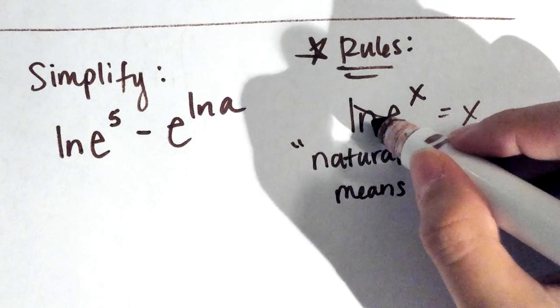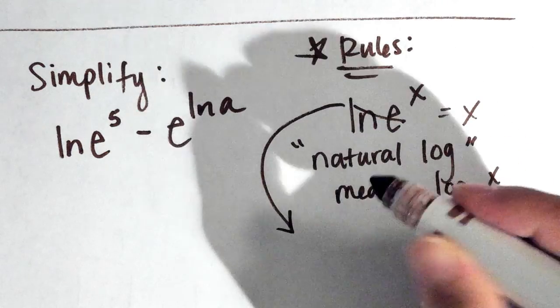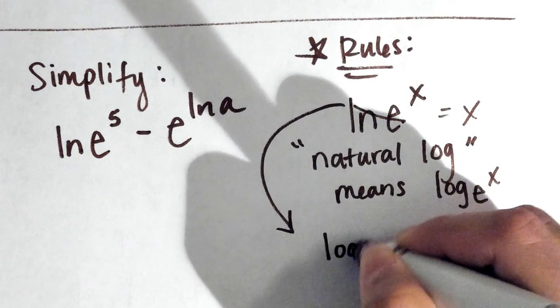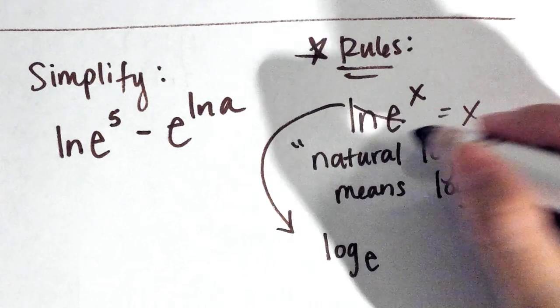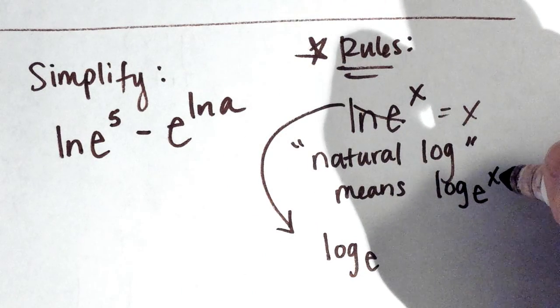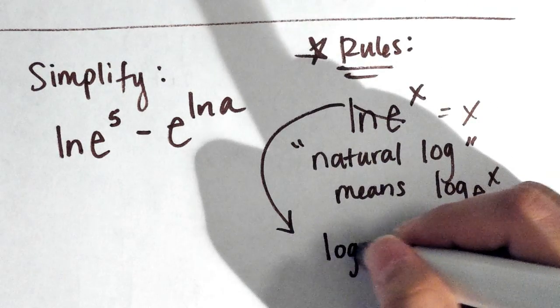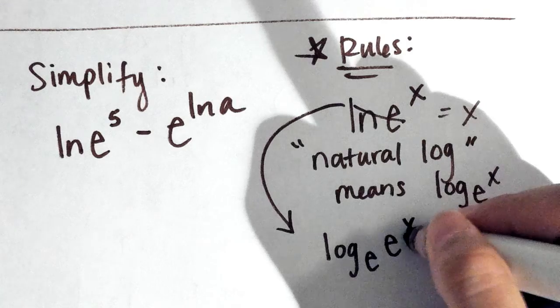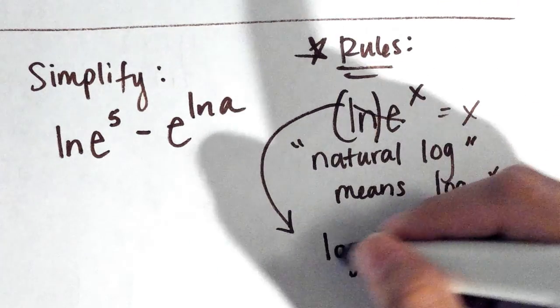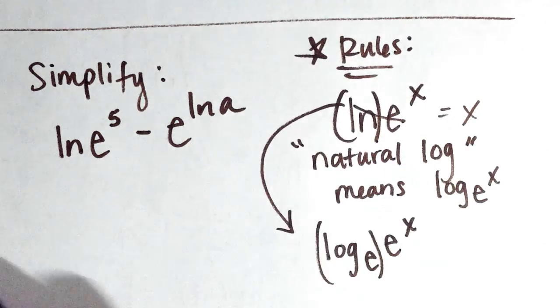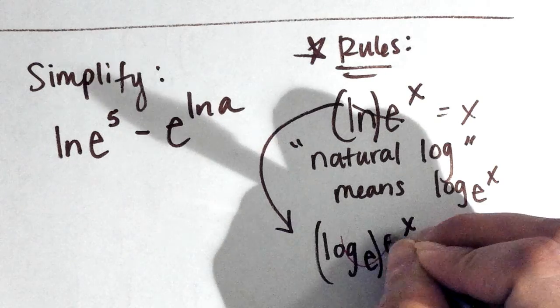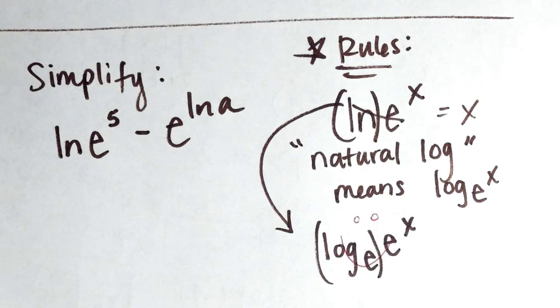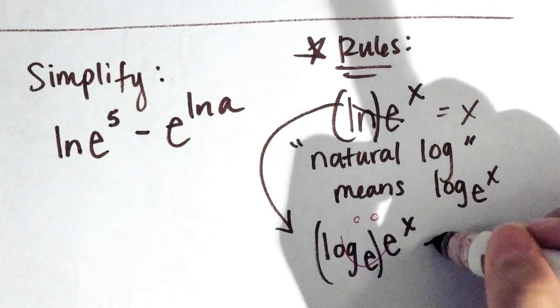So I can rewrite ln as log base e. So if ln is log base e, then this becomes log base e of e to the x, because I replaced the ln as log base e. And then right here, you have your smiley face, right? They cancel, so you're just left with x.